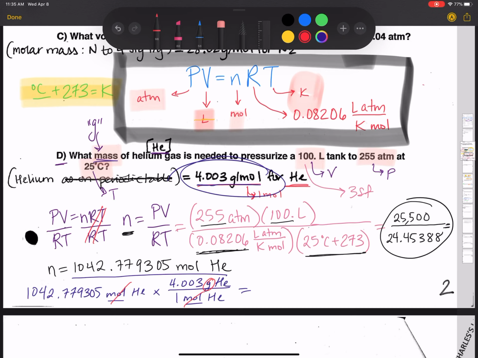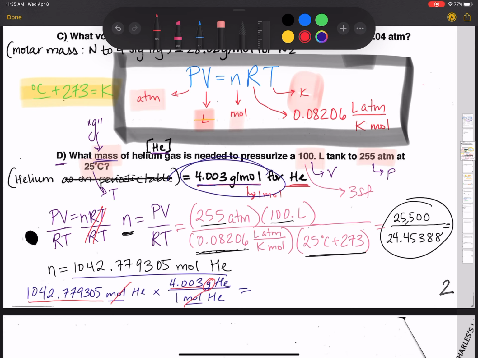So now I just need my calculation answer. In your calculator, you're going to put in your entire 1042.779305, and you're going to just multiply that by 4.003.